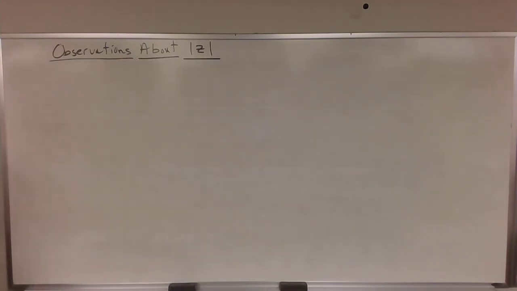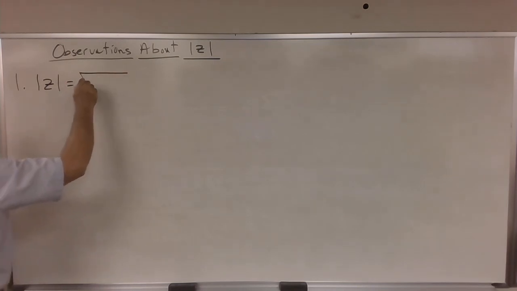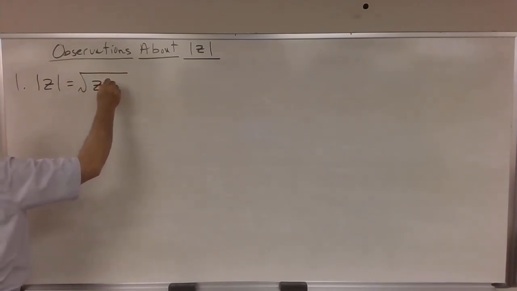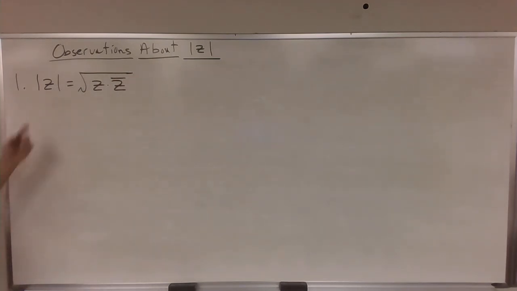Okay, observations about the modulus of z. The modulus of z is the square root of z times its conjugate.